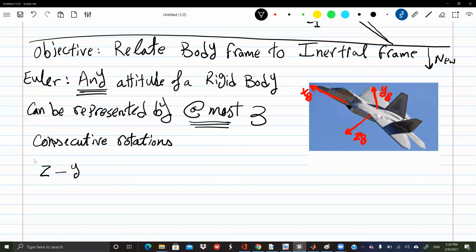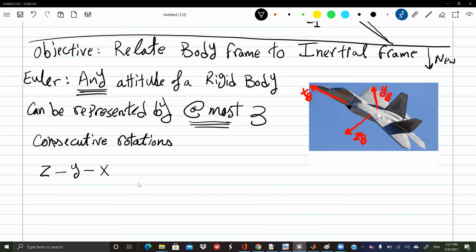We have the set at the beginning, we did 1 rotation about the very first Z, and then we did another rotation about the intermediate Y. We arrived at the 3rd set. We're going to do a 3rd rotation, say about the most recent X. These are 3 consecutive rotations. Euler guarantees you, if you do this with some angles, you're guaranteed to describe this given attitude. And we will see how we do that, okay?